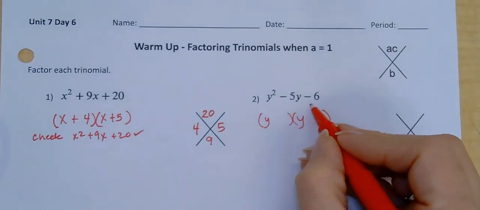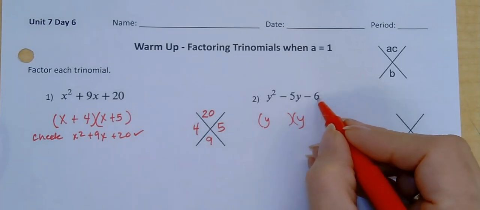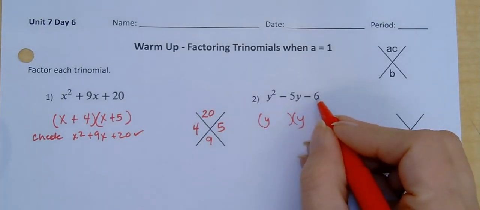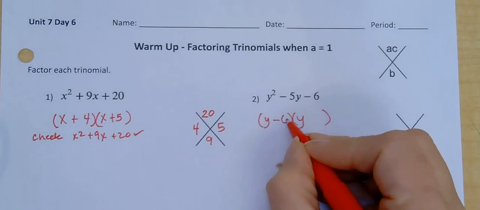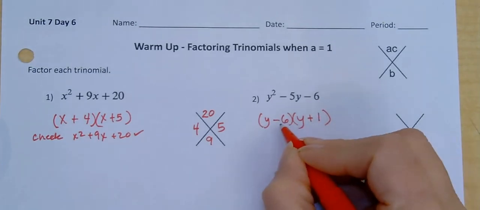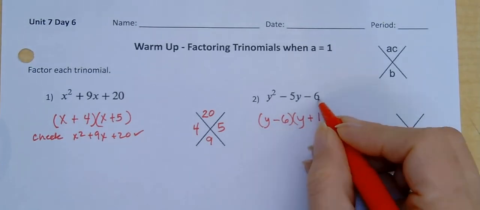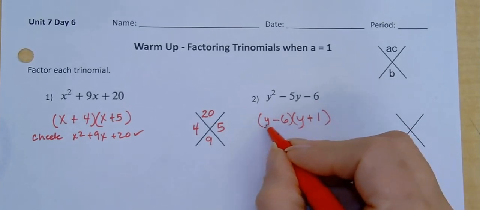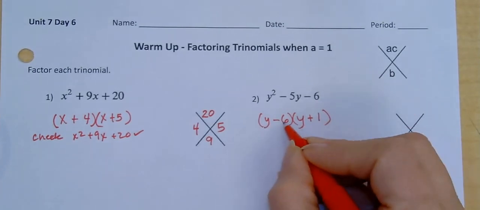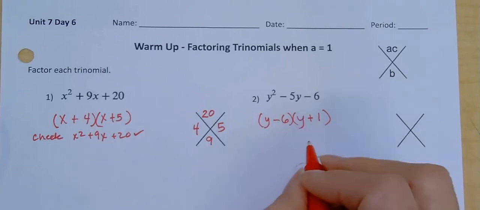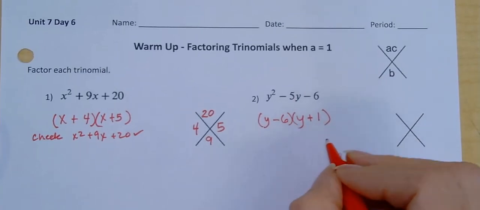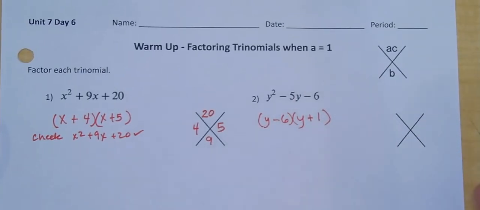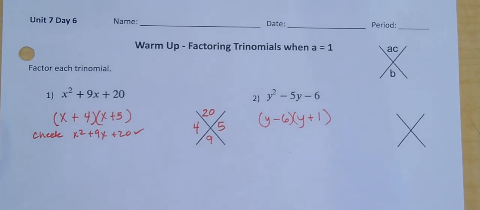So if I have negative 6 times positive 1, I know that when I multiply those last terms, I'm going to get negative 6, and when I add, my outer is 1y, and my inner is negative 6y, so I know that that middle term is going to be negative 5y.